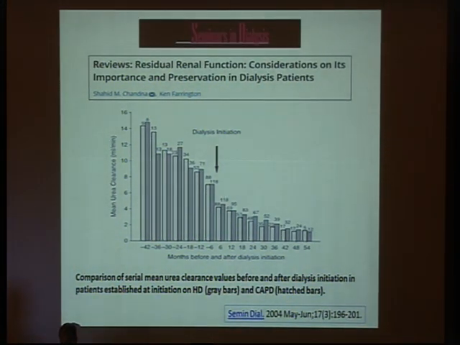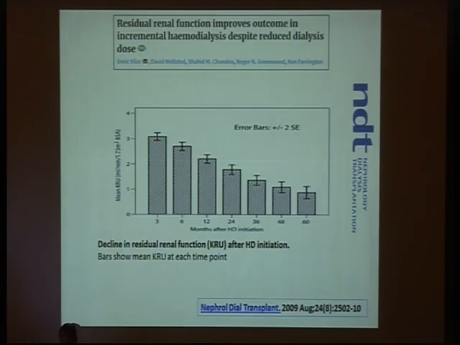Evidence says yes. From past literature, we can find that at the initiation of dialysis, there is a progressive decline in the urea clearance by the native kidney function, or residual urea clearance. There is also a progressive decline in residual renal function after initiation of hemodialysis and in the months after.